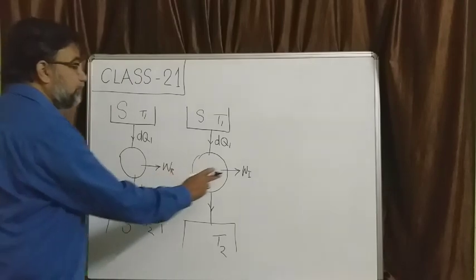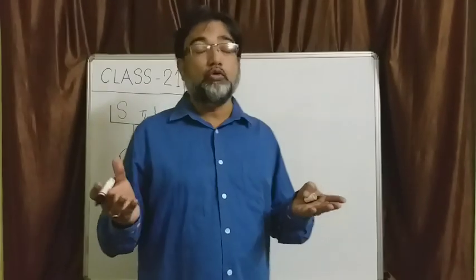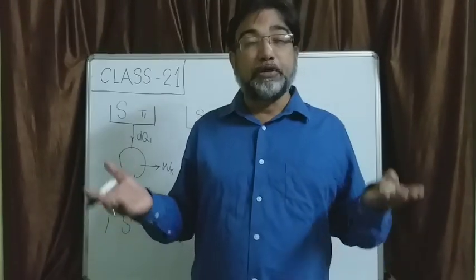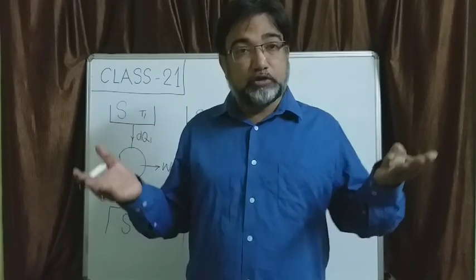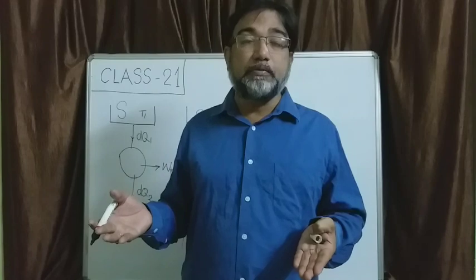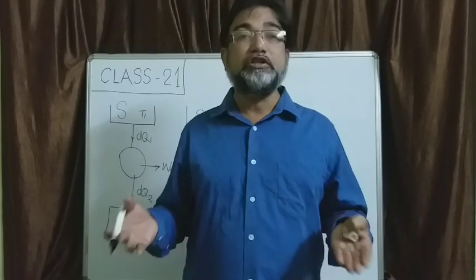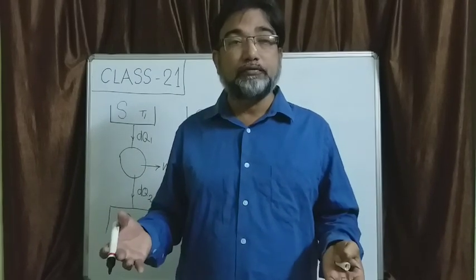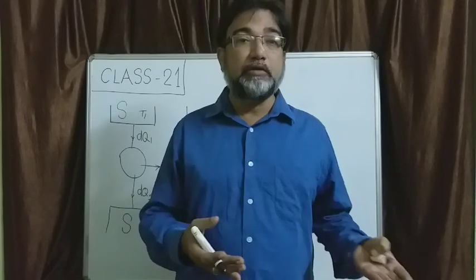So WR and Wi, two engines are working between the same source and sink. One is reversible, one is irreversible. Which of them will produce more work, the reversible one or the irreversible one?